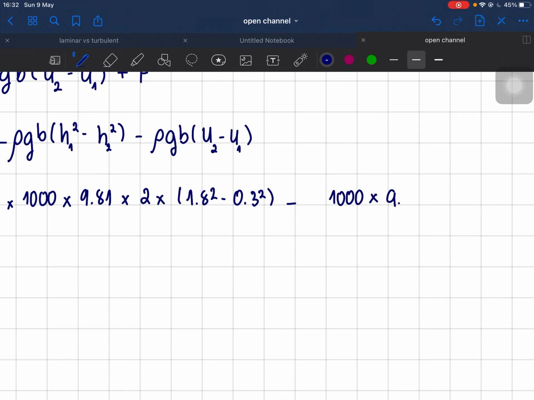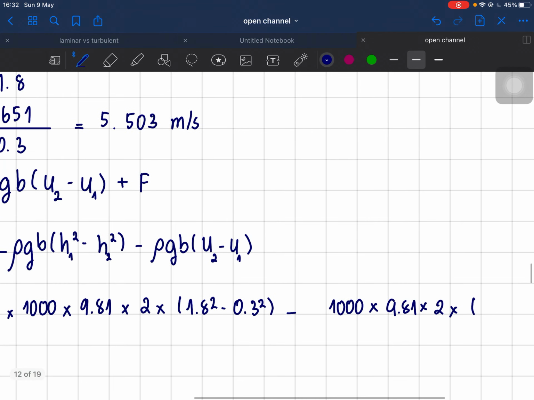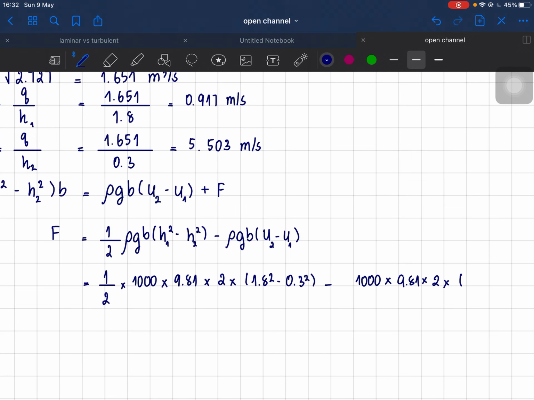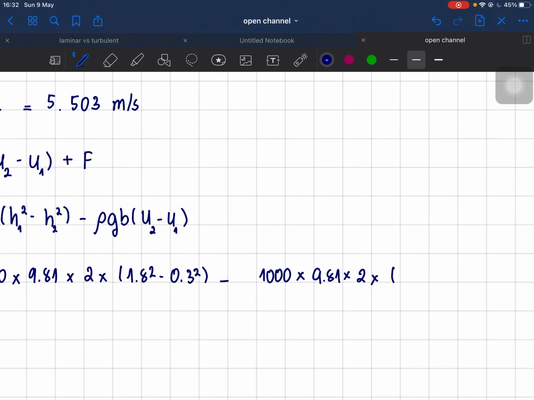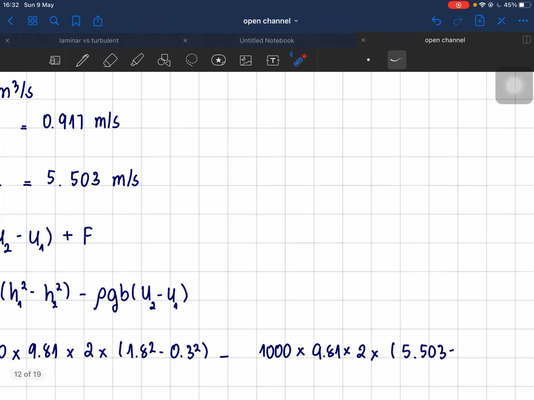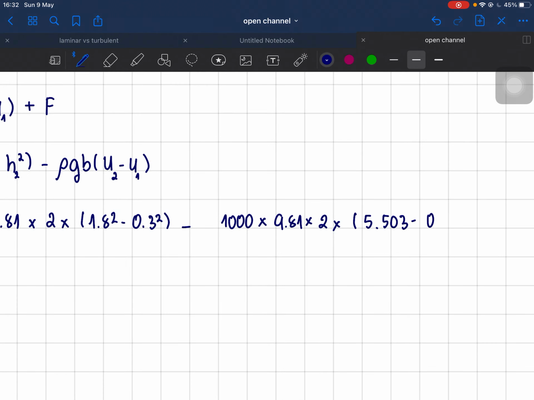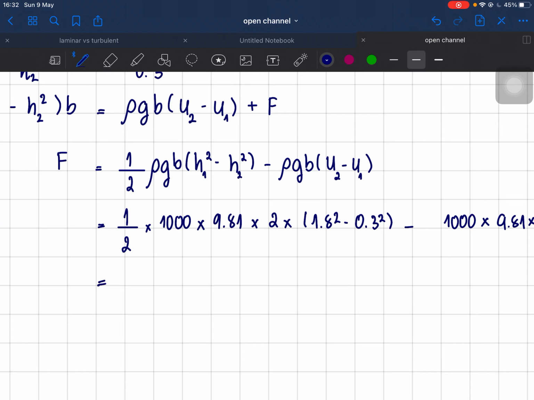1,000 times. You can also factor it out. It's faster than what I'm doing now. U2 is 5.503 minus here U2, and this is U1, so it's 0.917. The answer is 1 over 2 times 1,000 times 9.